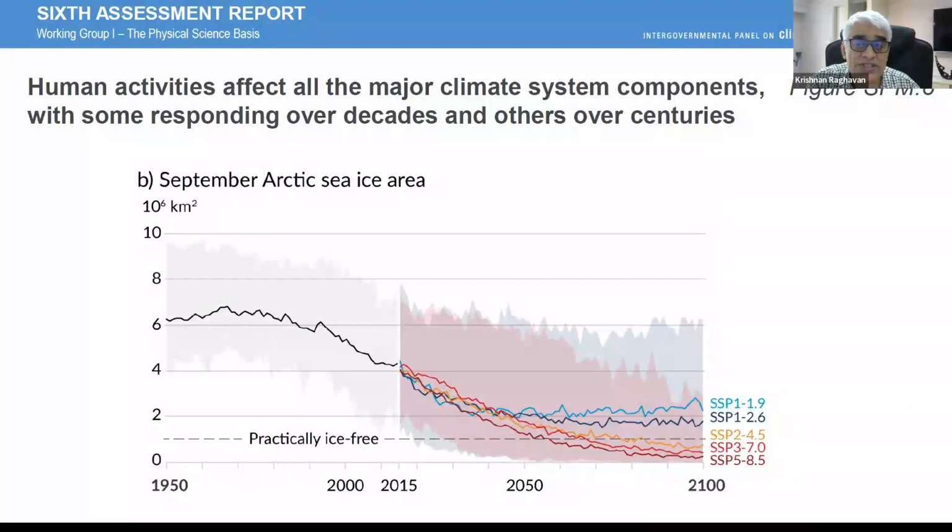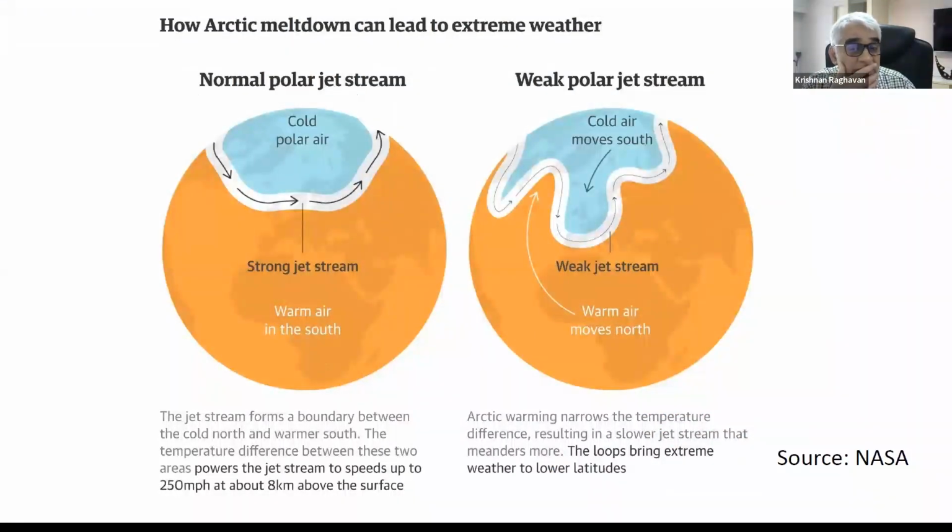One of the consequences is that it could alter some of the teleconnections with the mid-latitudes and the tropics. Typically, when we have very cold polar air and a very confined polar vortex, the jet stream is usually very strong.